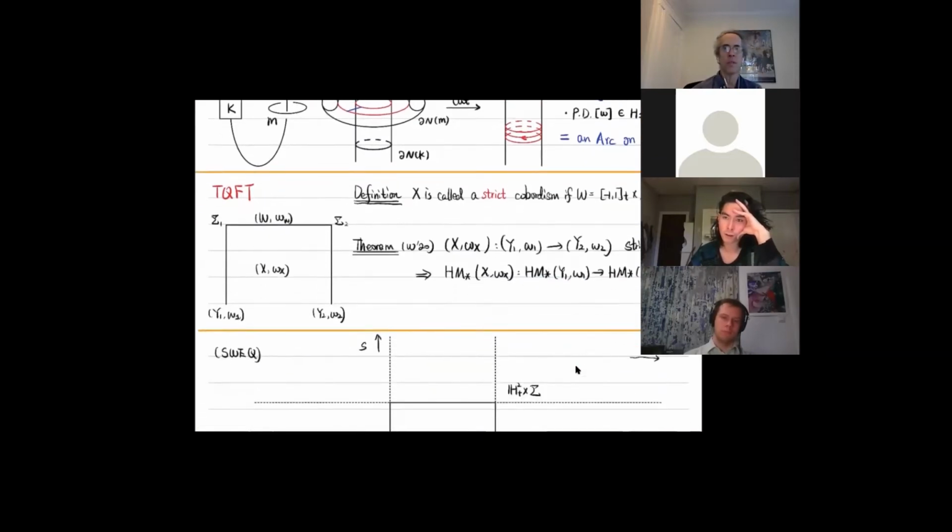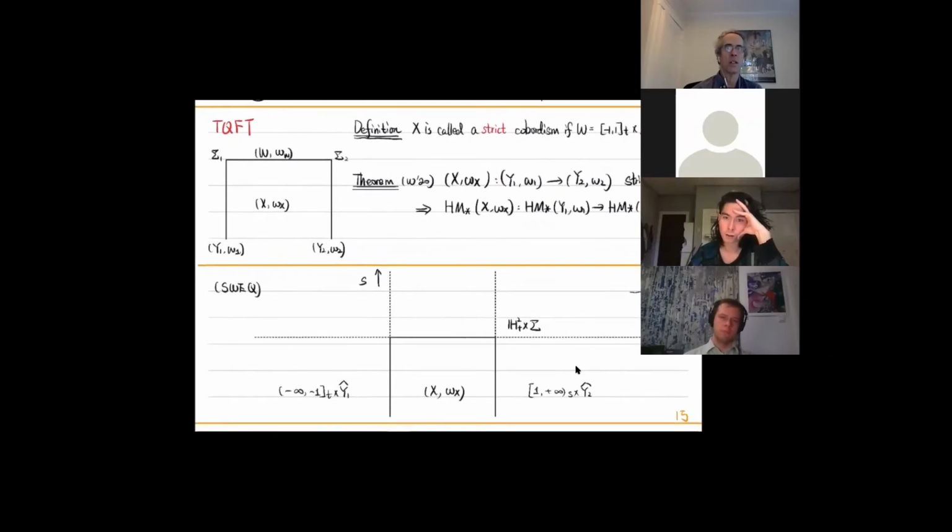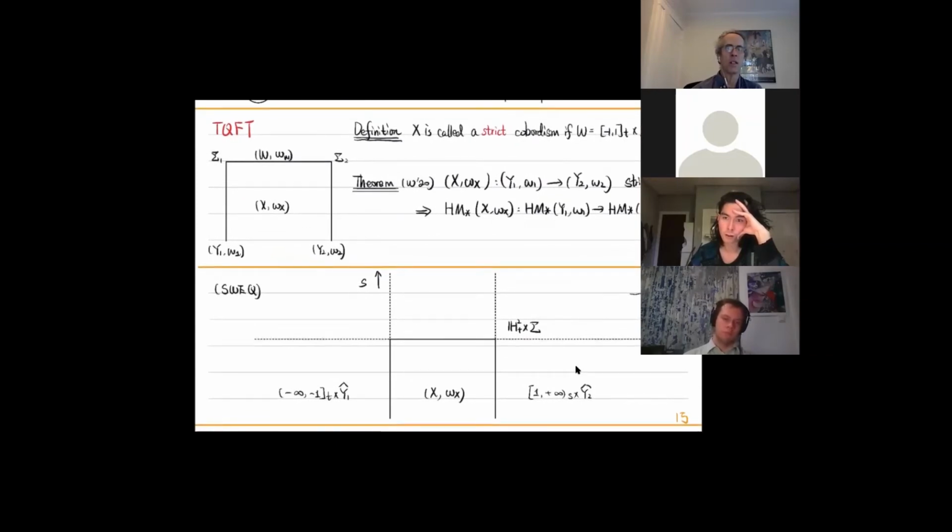And again, this cobordism map is constructed by counting solutions. So we start with a 4-manifold with corners. We first attach cylindrical ends in the spatial direction. After this attaching, we have a cobordism from Y1 hat to Y2 hat.